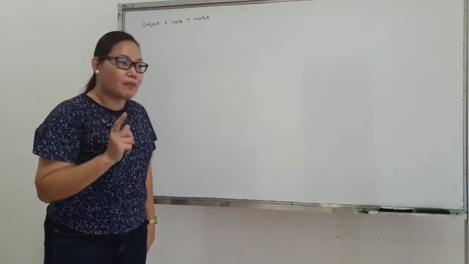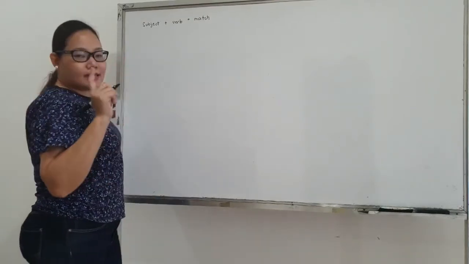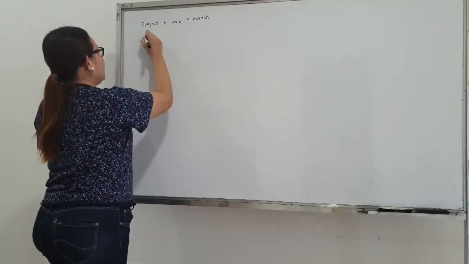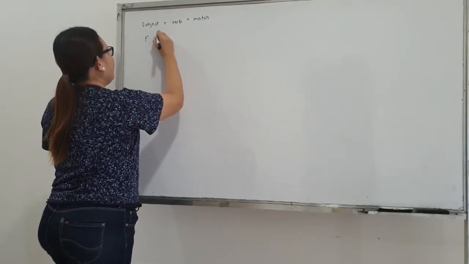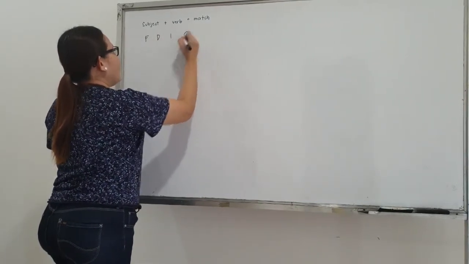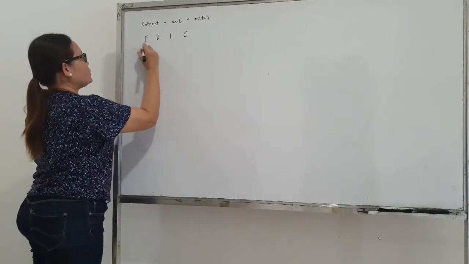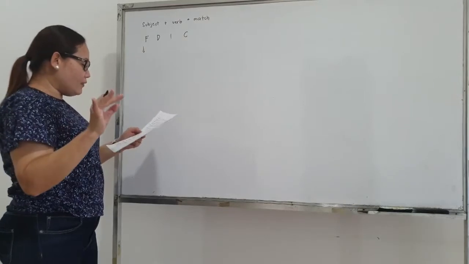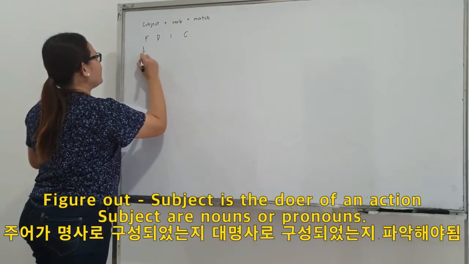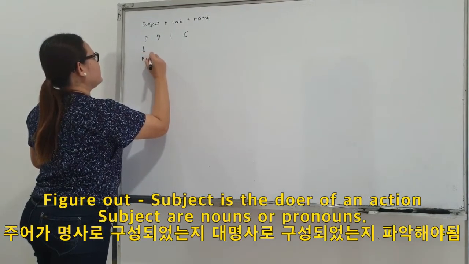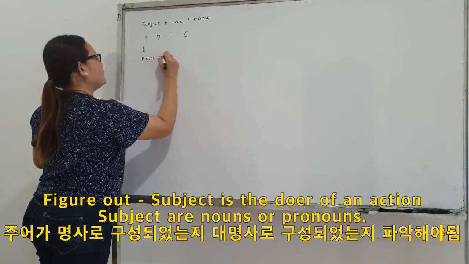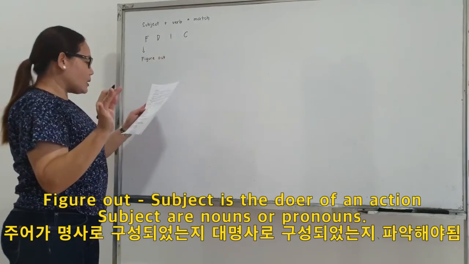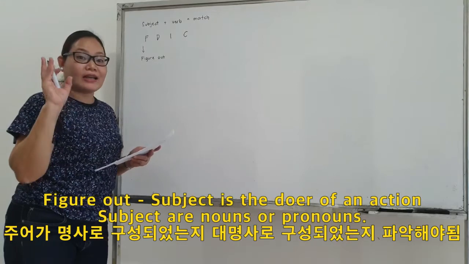Okay, so remember this, okay? It's as easy as A, B, C. So it's your F, D, I, and C. Okay, so when we say F, it means that you have to figure out. Okay, so you have to figure out what the subject is.